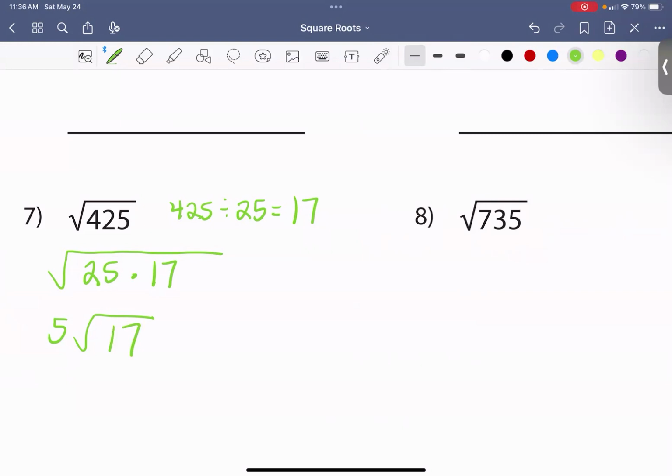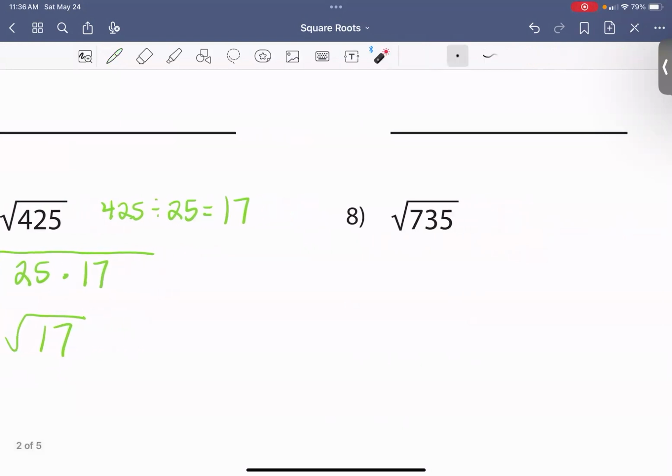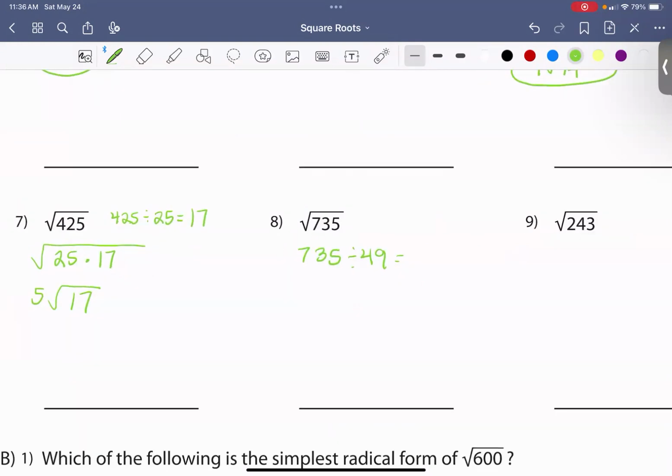Let's do one more. The square root of 735. So I'm going to divide 735 by 49. 735 divided by 49 is 15.